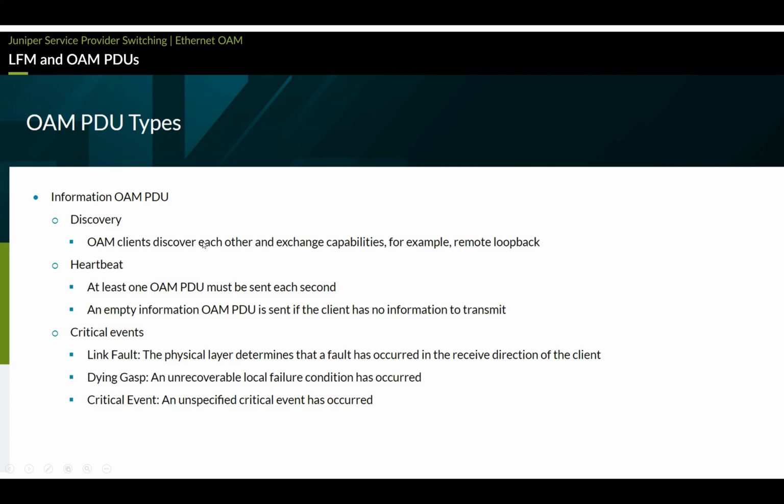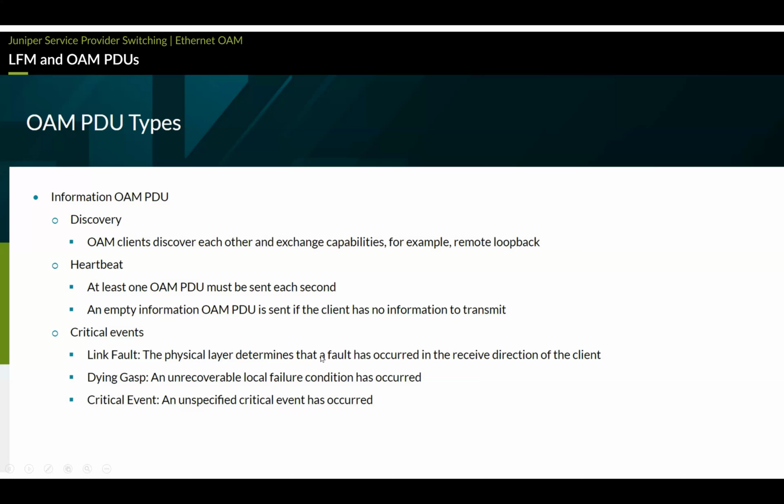OAM clients discover each other and exchange capabilities, for example remote loopback. The second one is heartbeat. At least one OAM PDU must be sent per second, and an empty information OAM PDU is sent if the client has no information to transmit. It's called the heartbeat.